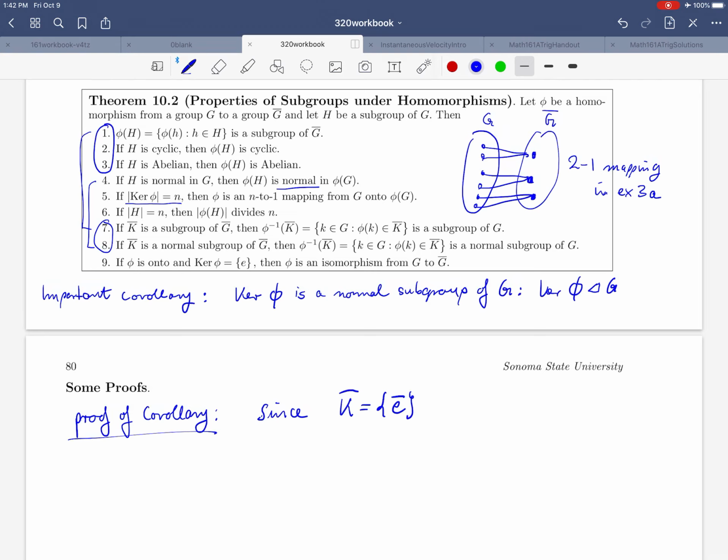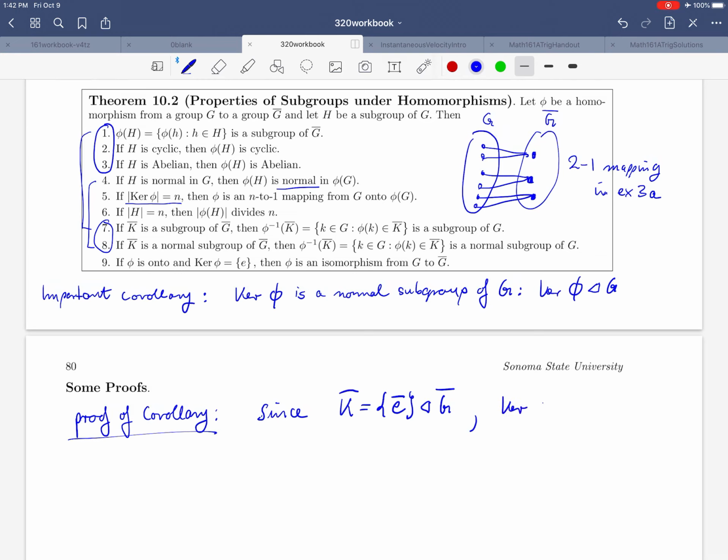And the subset only containing the identity in G bar, that is a normal subgroup of G bar. So there is our normal subgroup in G bar that has the kernel as its inverse image.